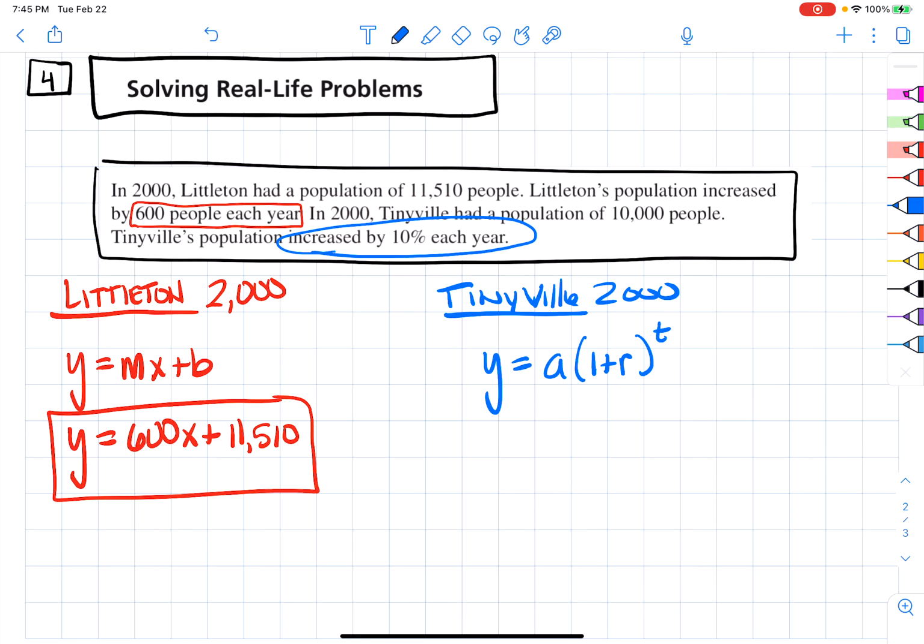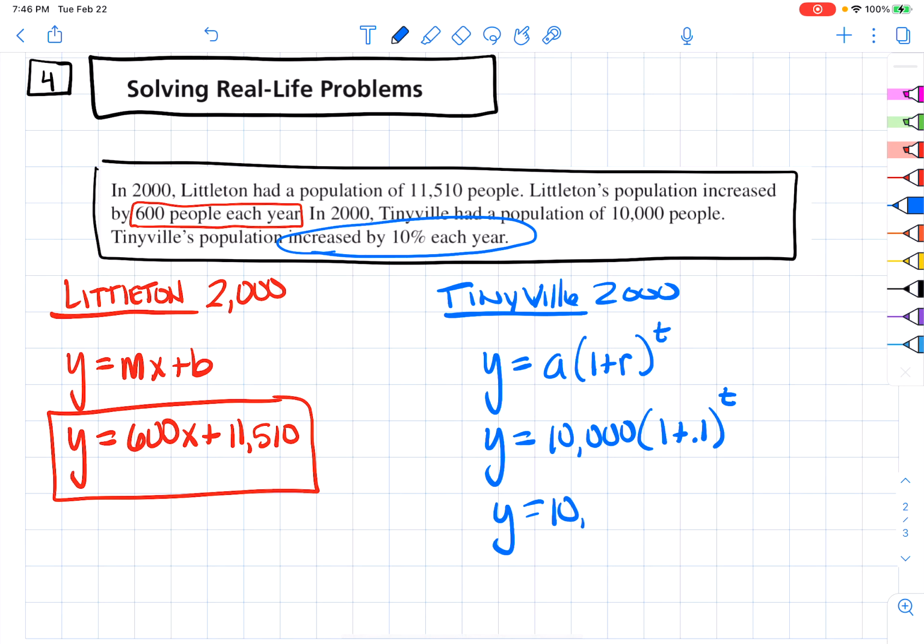Remember, this is our growth rate since we know that the population is increasing. So our initial amount is going to be 10,000 people. Okay, and then there's going to be 1 plus, the rate is 10% expressed as a decimal. So 10% expressed as a decimal is 0.1, and then raised to the power of t. So therefore, I'm going to get 10,000 times 1.1 raised to the power of t.